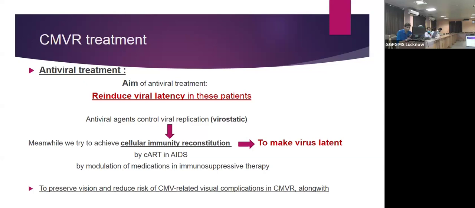Along with this, if we can preserve vision and reduce the risk of CMV-related visual complications, that is very nice. But our aim is saving the eye globe first, rather than preserving vision, because that is not possible in most cases. We want to preserve the globe so that facial disfigurement does not occur. That is our main aim.